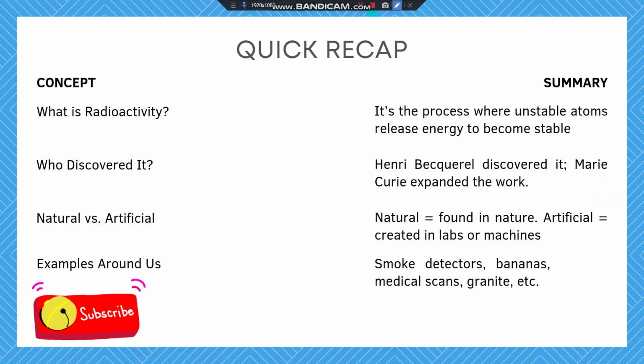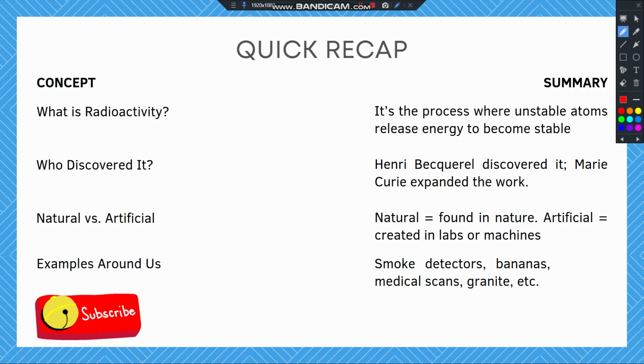So here is a quick recap of all we've been saying since the commencement of this video. First of all, we defined what radioactivity is. We said it was the process through which unstable atoms release energy in order to become stable. It was discovered by Henri Becquerel, and Marie Curie expanded his work.